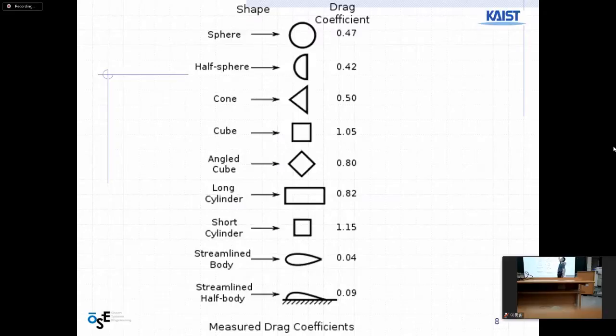Then the circle, and the minimum is the streamlined body. A very big difference, 25 or 30 times difference in drag coefficient. That's why we use a slender body shape rather than a blunt body shape for ships, with a narrow and sharp edge at the front to reduce the drag coefficient.